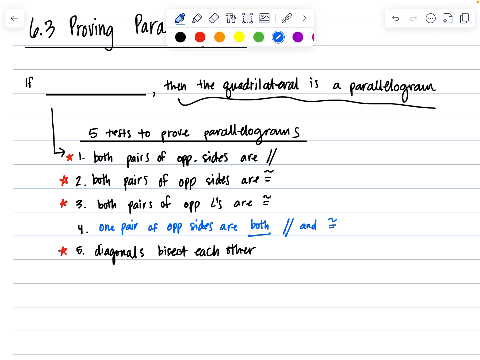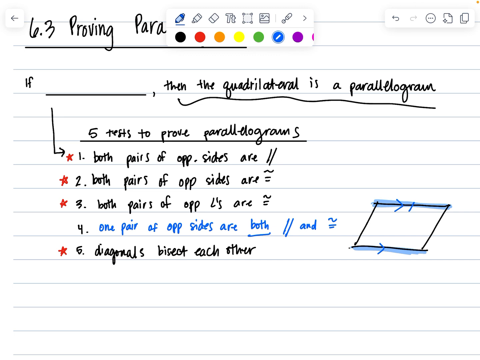So this is what it will look like. If we have a quadrilateral, we don't know it's a parallelogram, but we have one pair of sides. Let's say it's this blue side, okay? And let's say this blue side is both parallel, so it has the arrows, and congruent.